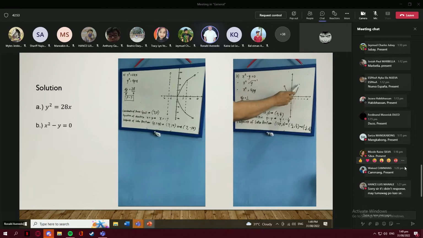This is the parabola. This is the focus, the latus rectum, endpoints of latus rectum. Then we have the directrix. The distance from vertex to focus is equal to the distance from the vertex to the directrix.